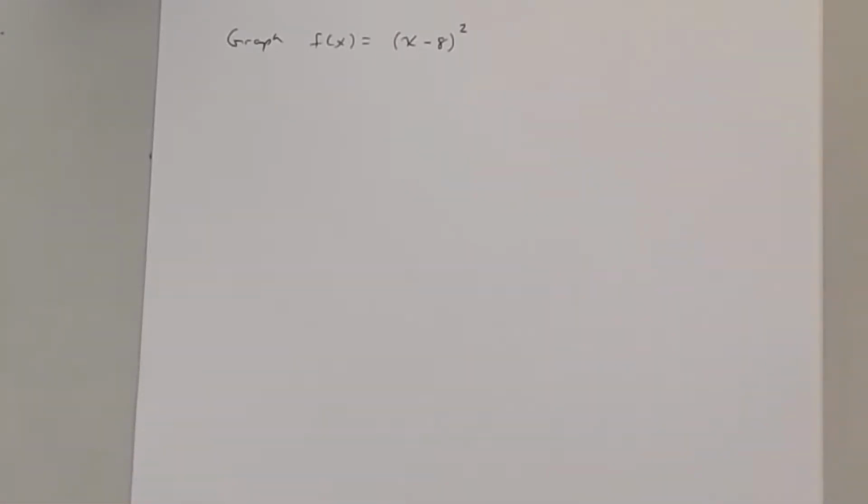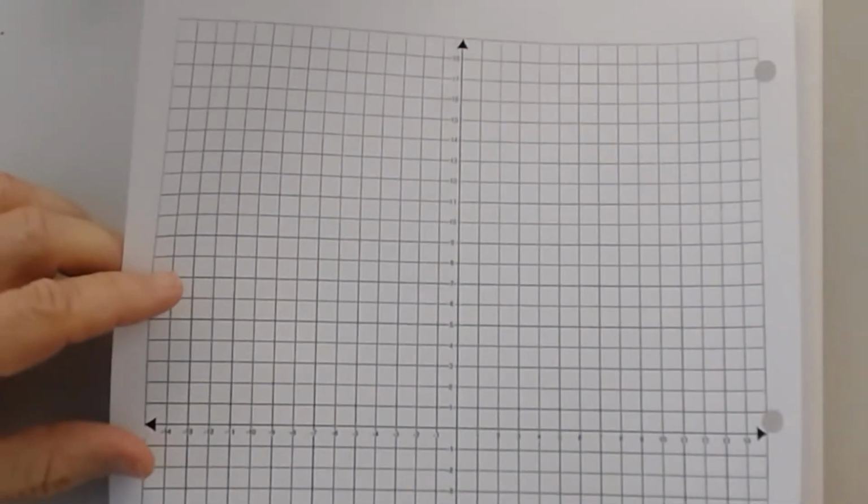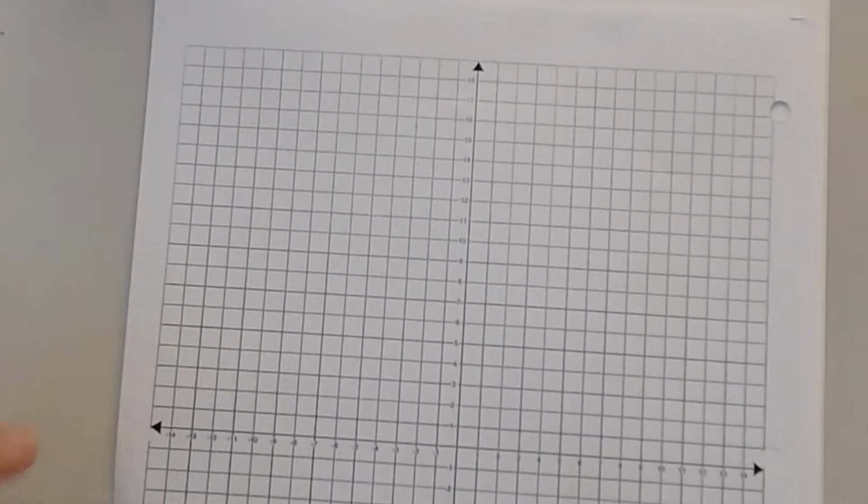I see some of you still don't know what the parent function is. You've got to look at the notes and video from last class period. Otherwise, you're not going to know what these terms are or how to find them. So the parent function is y equals x squared.